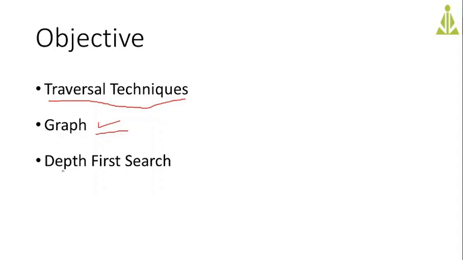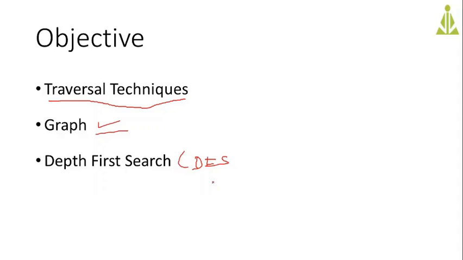Okay, and DFS, this is the short form, DFS, depth first search. Whatever in the graph is in the depth, we cannot say the lowest, but in the depth of the graph, it will go and get the value first.